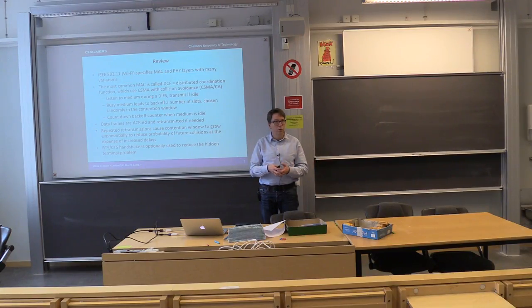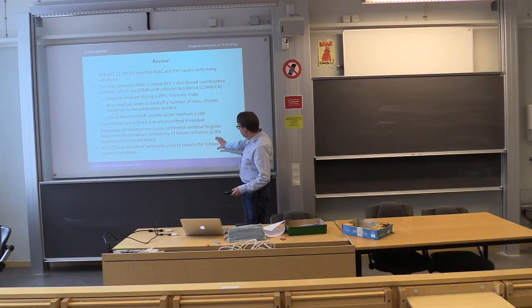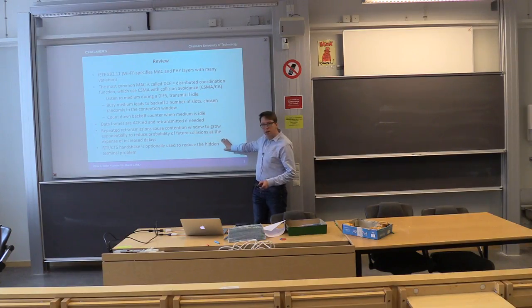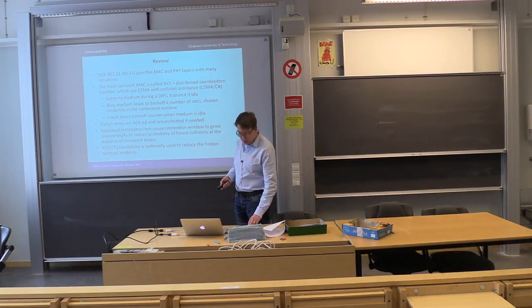That's called the hidden terminal problem. Then the station who is listening to the channel might erroneously think that the channel is idle, and then starts to transmit, and we have a collision. To minimize that problem, or to handle that problem to some extent, we can use this RTS-CTS handshake. We'll see an example of that in a short while.